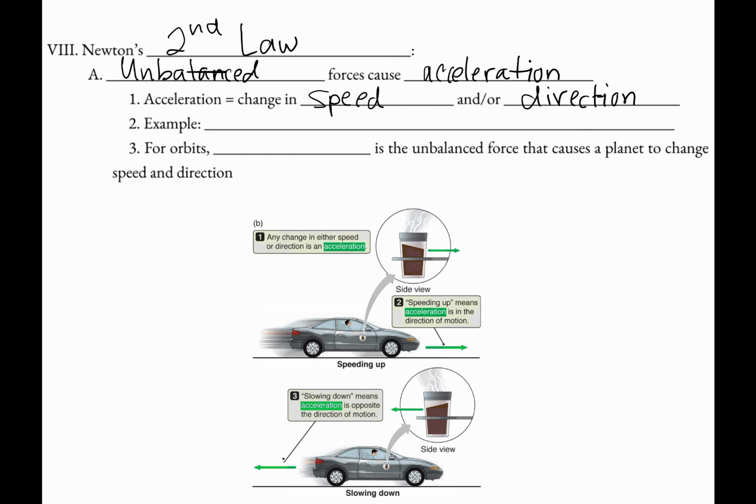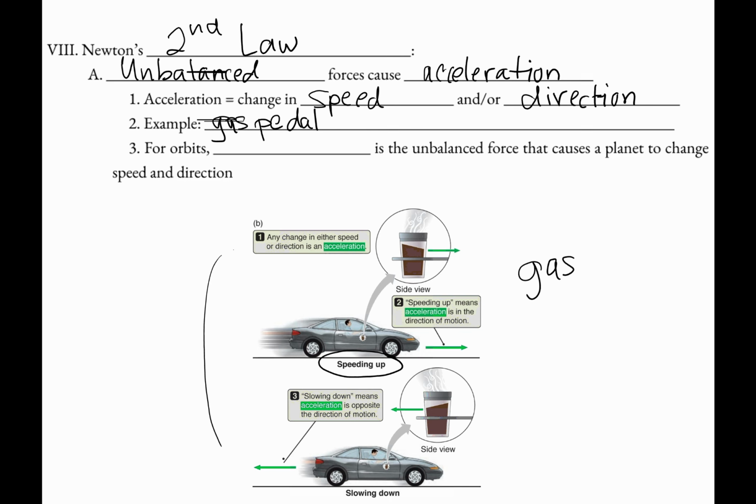Okay, let's do an example here. I always like to use the example of a car. You can see in the figure down here below, our car is speeding up. That's normally what we think of. We think of putting on the gas and speeding up. It's the accelerator, right? So we know that the gas pedal in our car can cause acceleration.